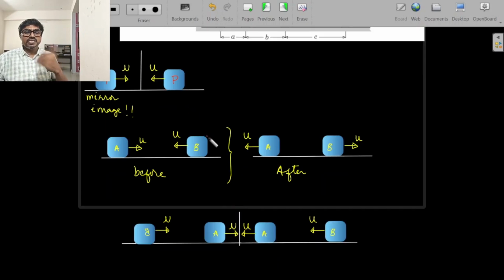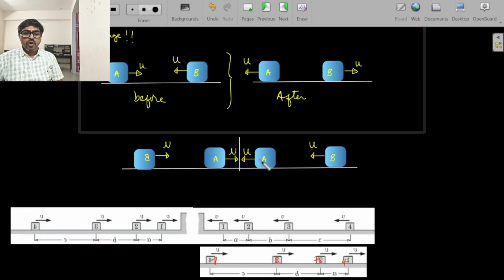Now let us extend this idea. Now you have a block A and block B, both of them going in the same direction towards a wall. Now you will have collision with the wall and also collision between them. What you can imagine is that the wall behaves like a mirror, and you have their images going in this direction. As block A approaches, A dash also will approach, and they pass through each other.